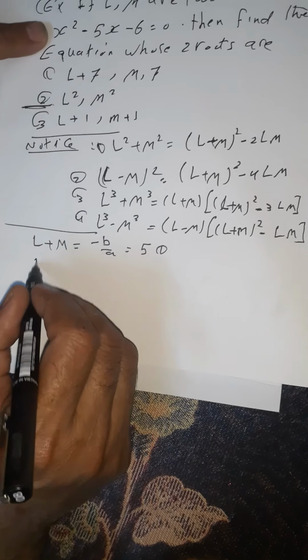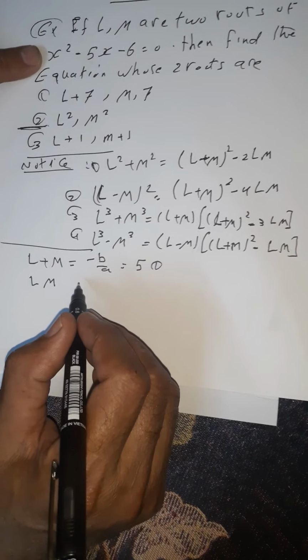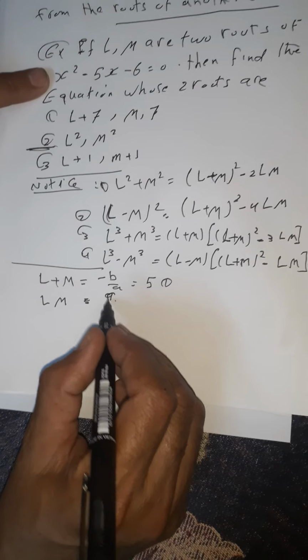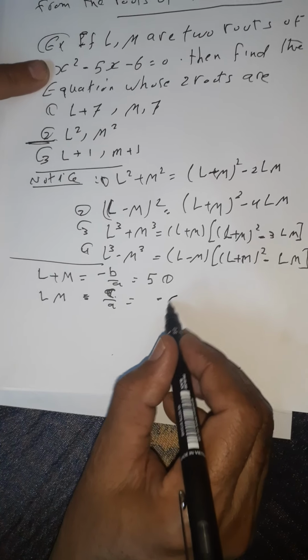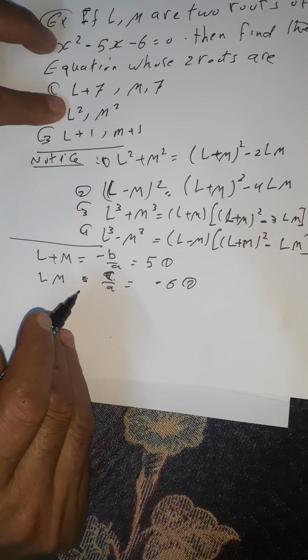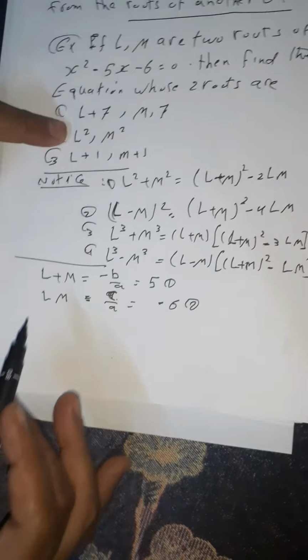Number 1, the product L times M equals C divided by A, equal negative 6. Number 2, how can we find the equation whose two roots are L power 2 and M power 2?